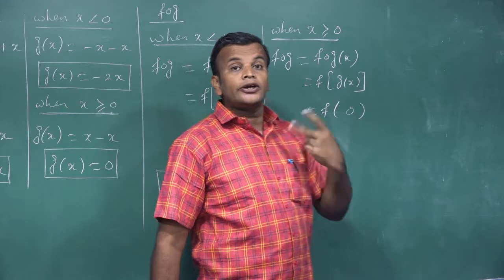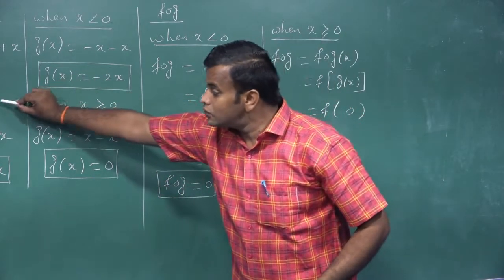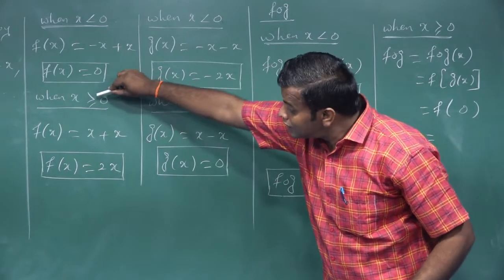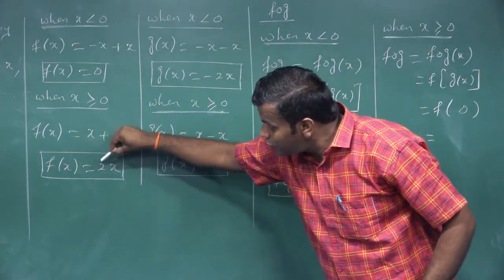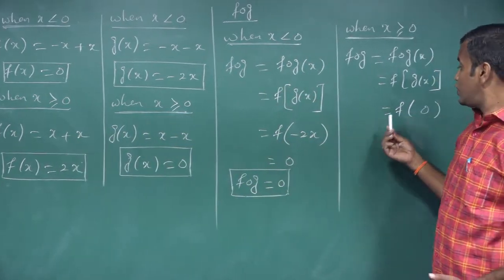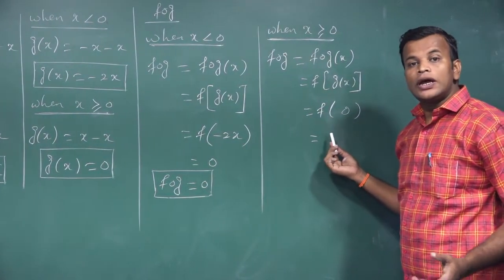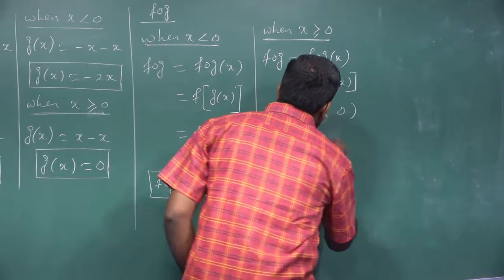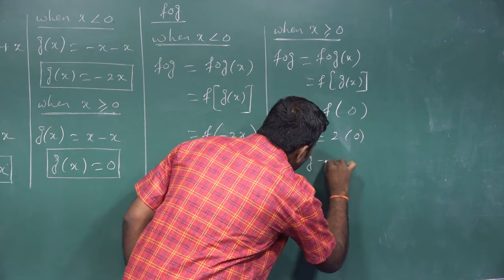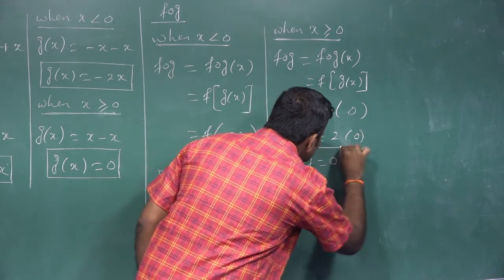When x is greater than or equal to 0, f of x value is 2x. So f of x is defined as 2x. So how to write f of 0? We write f of 0 as 2 times 0. So f dot g value is 0.